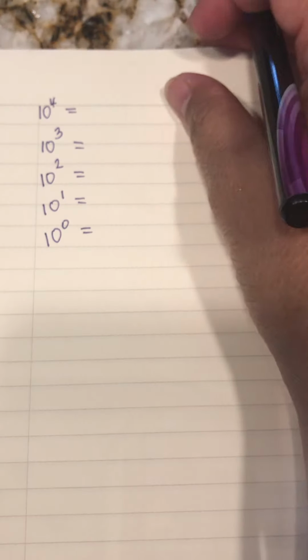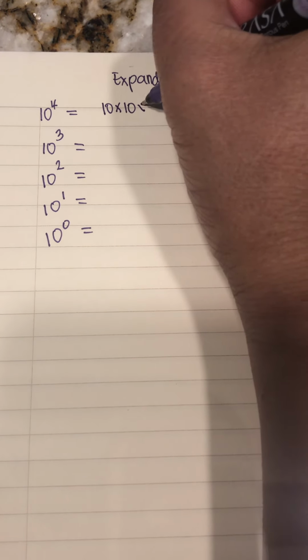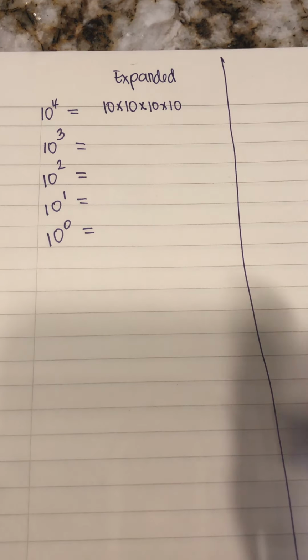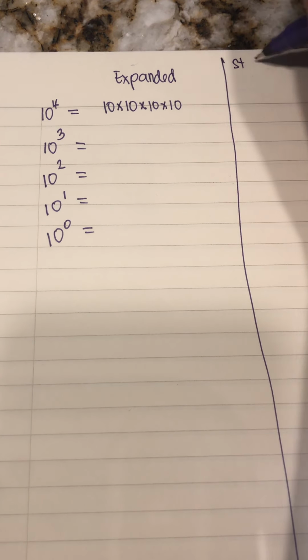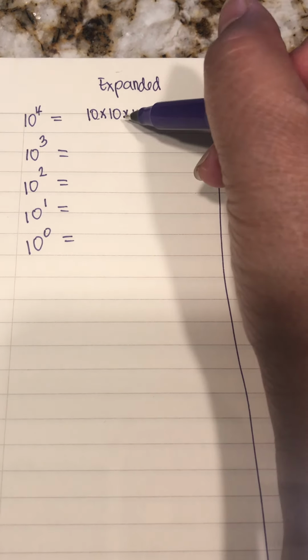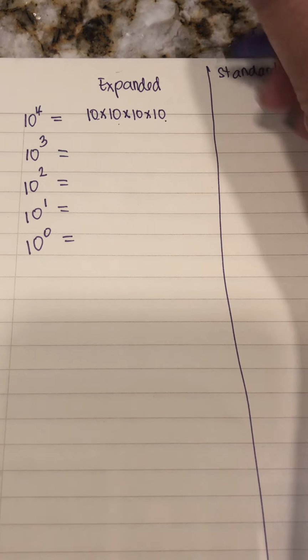So the expanded notation of this would be 10 times 10 times 10 times 10. And then you will get the standard notation. So 10 times 10, 100 times 10, 1,000 times 10, 10,000.